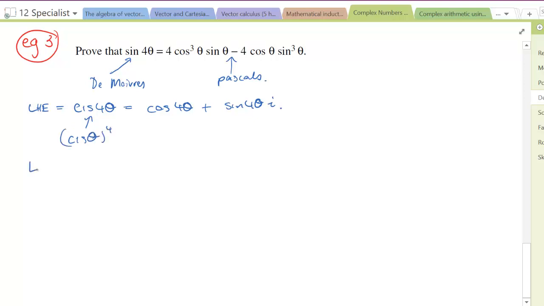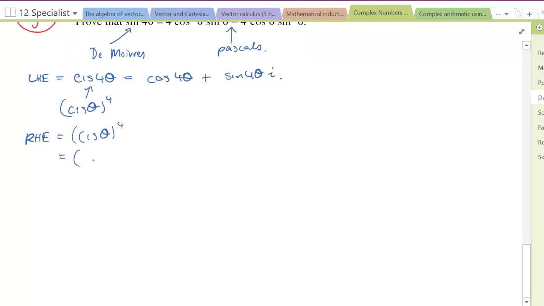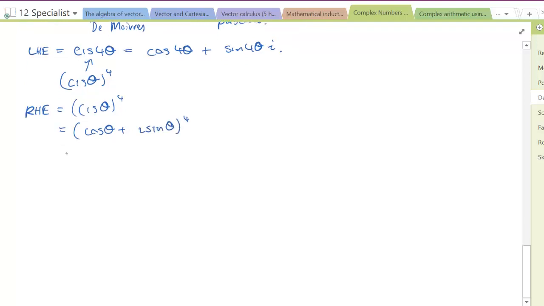So now we're looking at the right-hand equation, and same deal, cis theta all to the power of 4, and this is where we use Pascal's. This is cos theta plus i sine theta all to the power of 4.